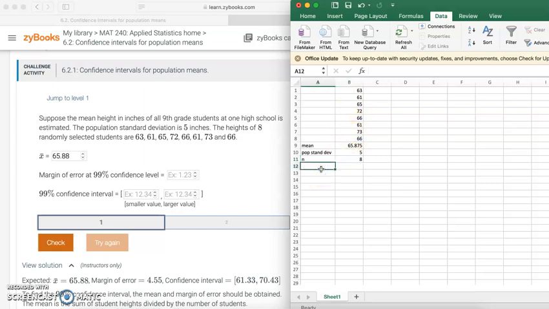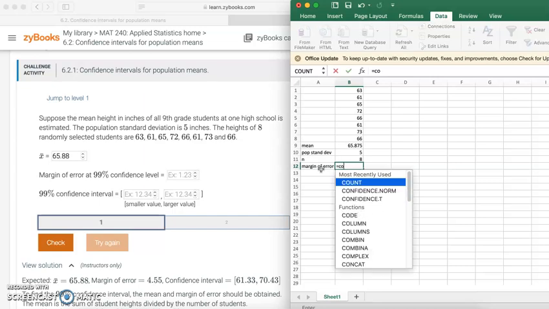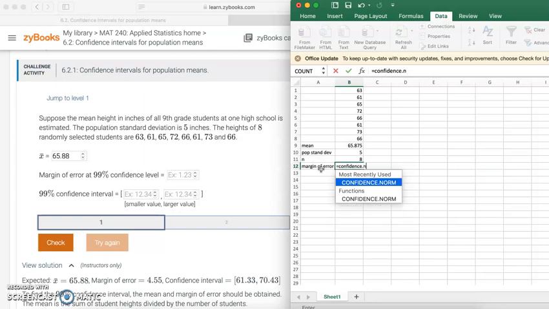And then we're going to say the margin of error equals, and we're going to use confidence. And remember, we're using the norm because we know the population standard deviation. So our alpha, when our confidence level is 99%, is 0.01.